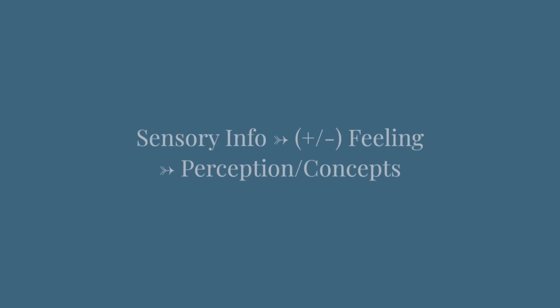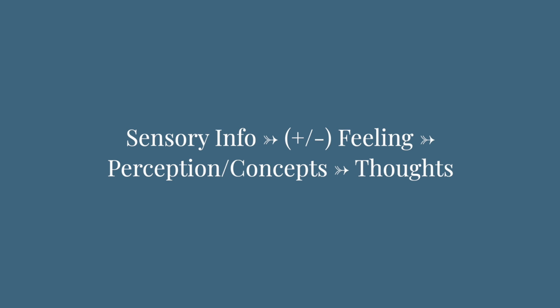And if we look at the chain of events there, it was just photons that entered the eye. But then there was a feeling tone, and coupled with that, there was a perception or a naming of it, bear or apple, that was registered very fast in the brain. And then there can be thoughts about it, like, what should I do about this? Or that reminds me of the time when I saw this other apple, and is it ripe?